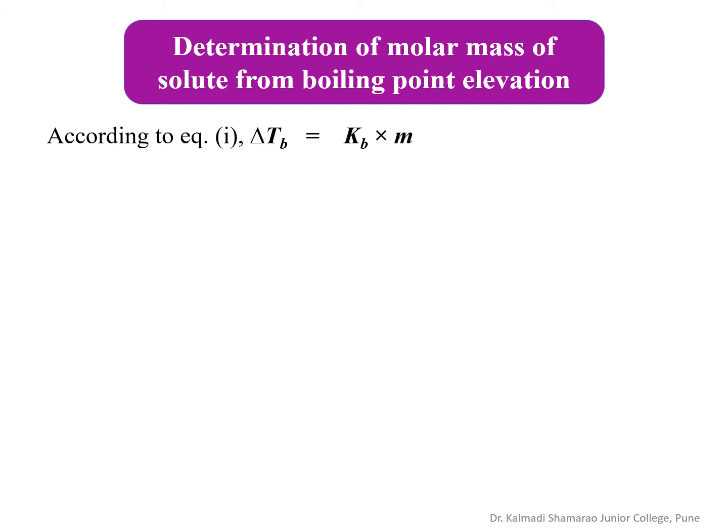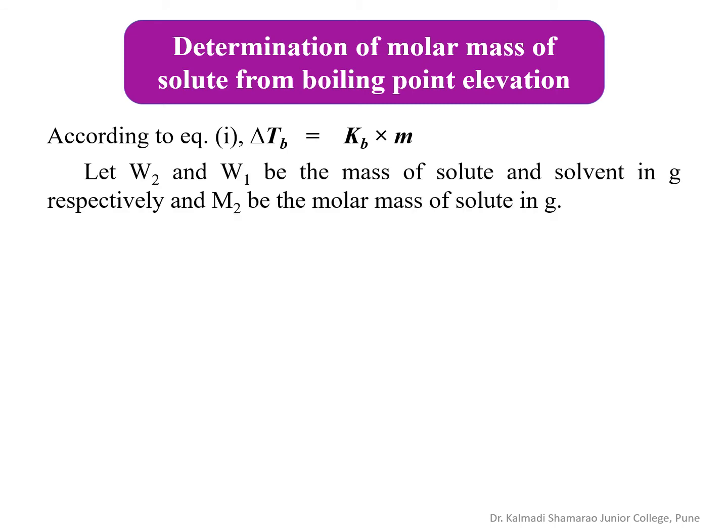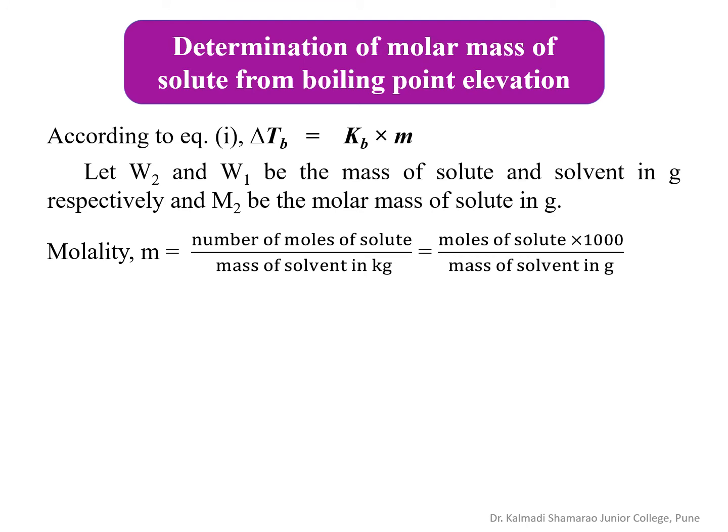According to equation 1, delta Tb is equal to Kb into m. Let W2 and W1 be the mass of solute and solvent in gram respectively and M2 be the molar mass of solute in gram per mole. Molality m is equal to number of moles of solute divided by mass of solvent in kg. 1 kg is equal to 1000 gram.